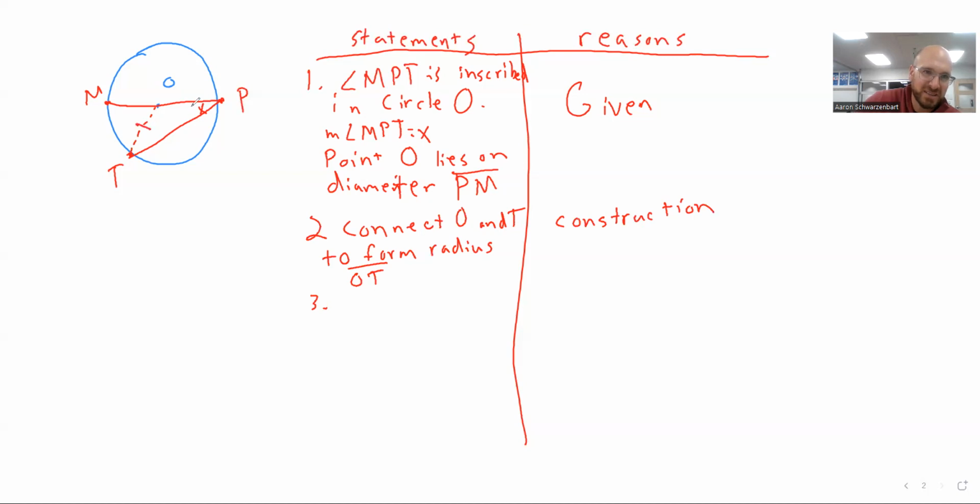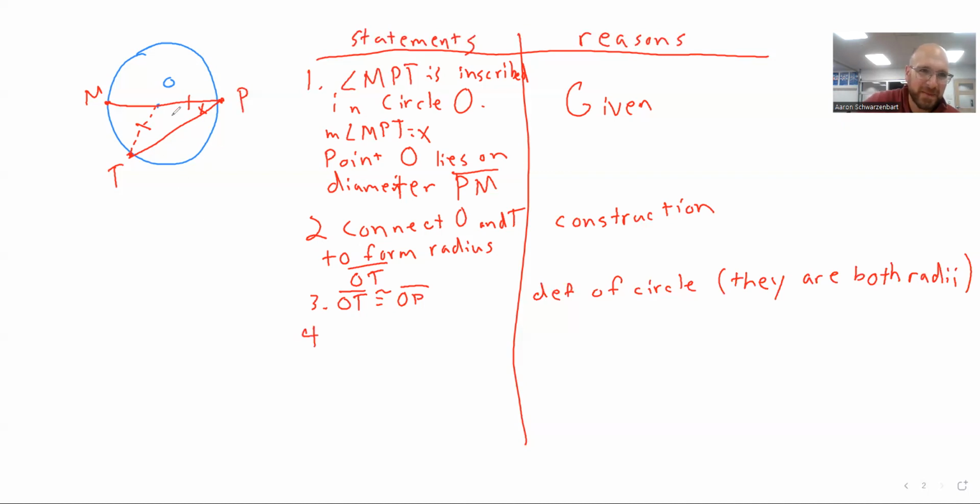Because OT is a radius and OP is a radius, OT is congruent to OP. This is the definition of a circle because they're both radii, the plural for radius. That is the correct spelling for radii.